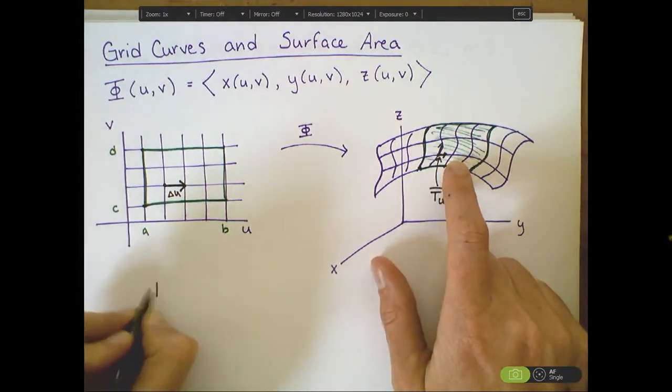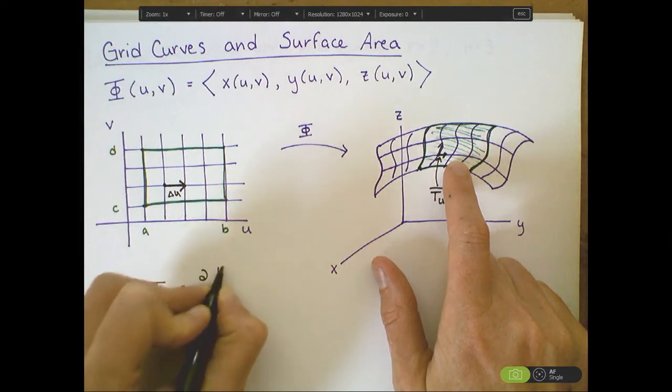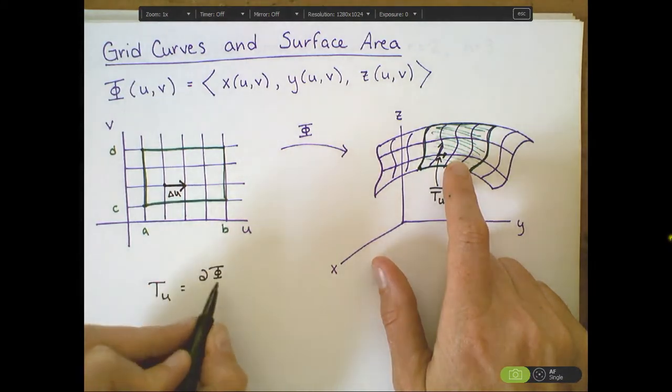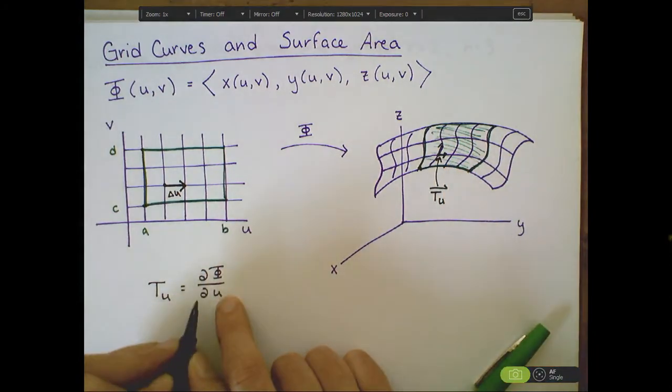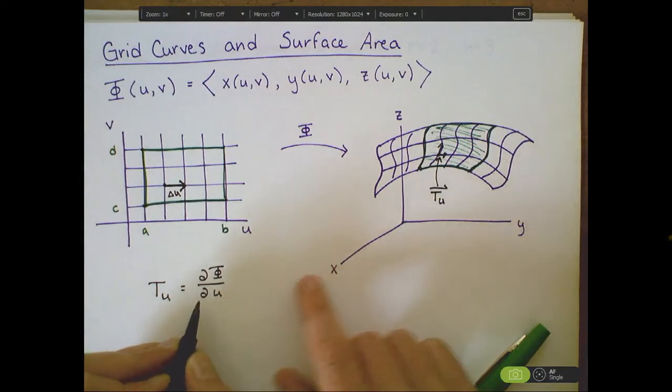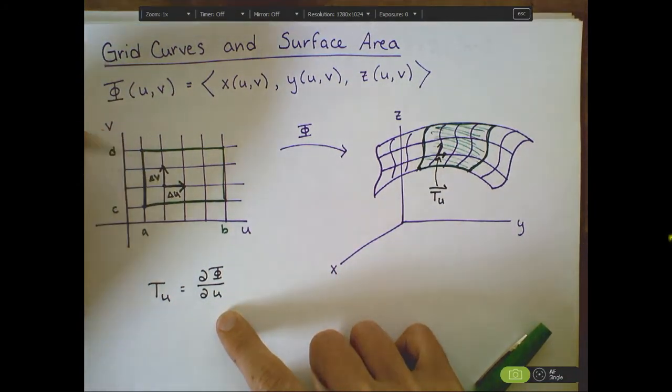Algebraically, t sub u really is just the partial derivative of my parameterization function holding v constant, so I'm taking my partial derivative with respect to u. Similarly, it's exactly analogous for my v's.